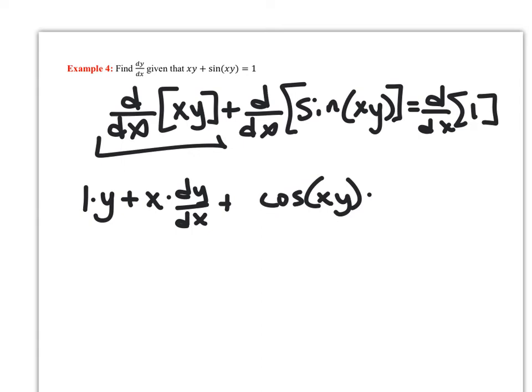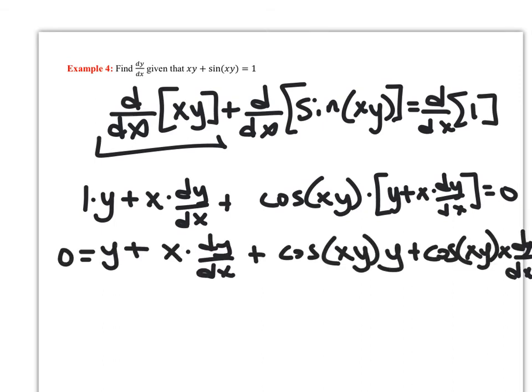The derivative of the inside would be a product rule. Okay, so we got some work to do here. So product rule there would be 1 times y plus x times dy/dx. And the derivative on the right side would be 0. I'm going to clean this up a little bit. I'll come back with some nicer looking material here.